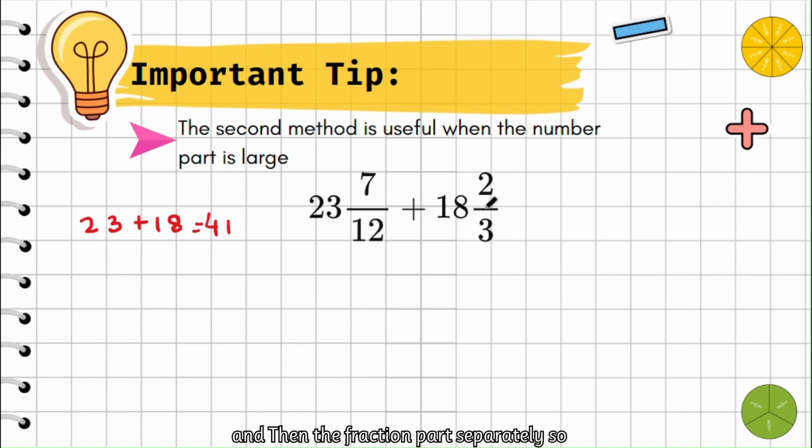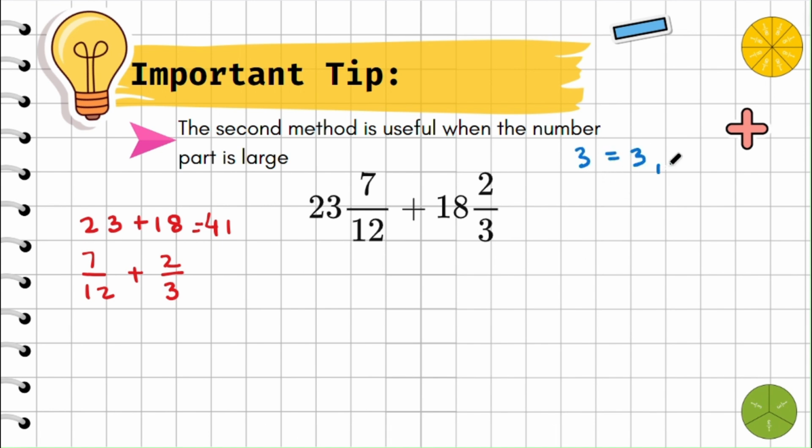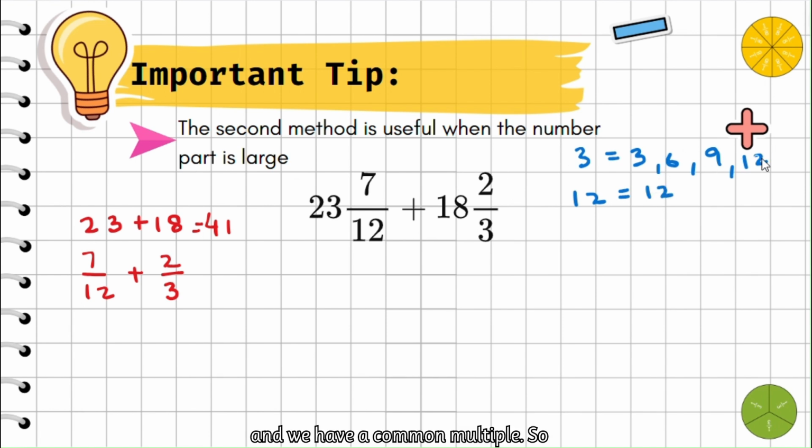and then the fraction parts separately, so 7 over 12 plus 2 over 3. Now we would write the multiples of 12 and 3. So the multiples of 3 are 3, 6, 9, 12. The multiples of 12 are 12. And we have a common multiple.